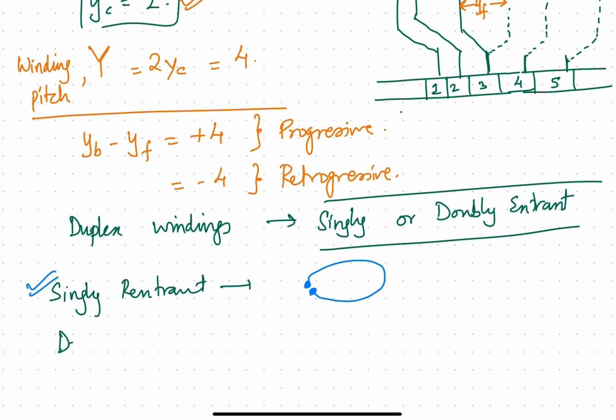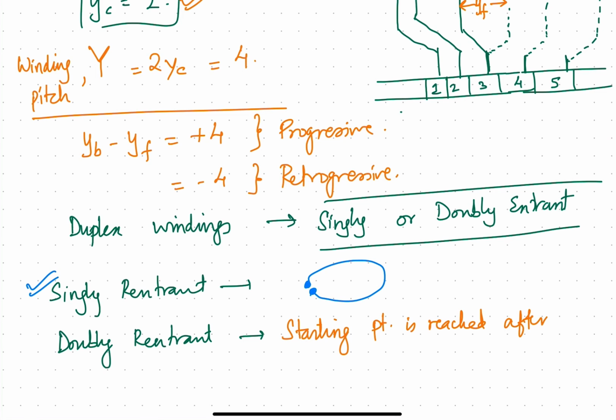In contrast, in the doubly reentrant winding, the starting point is reached after tracing half of the winding.